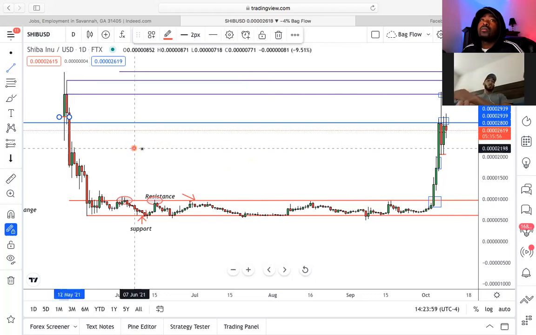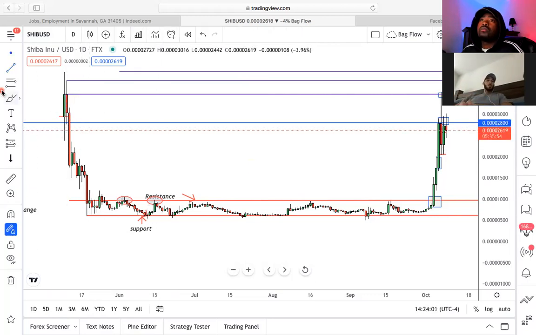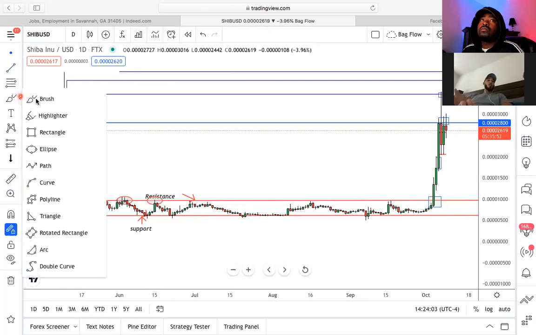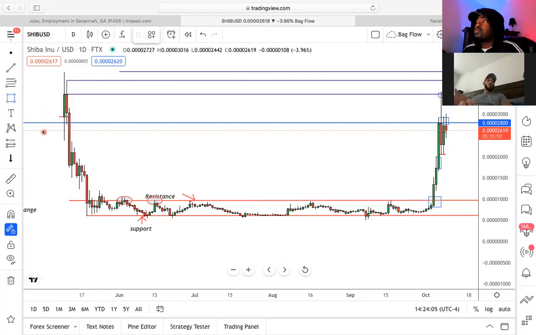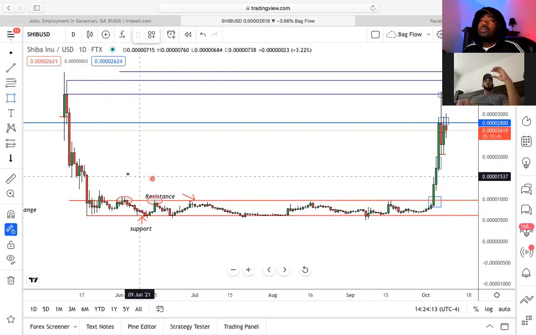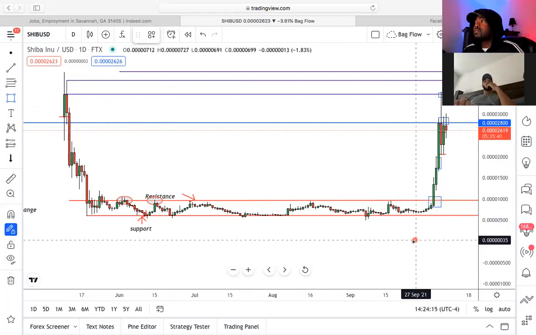But a simple doji is pretty much something like this right here. And a doji is indecision. Buyers and sellers are struggling within that particular time frame. So you'll notice, let me find a good one.